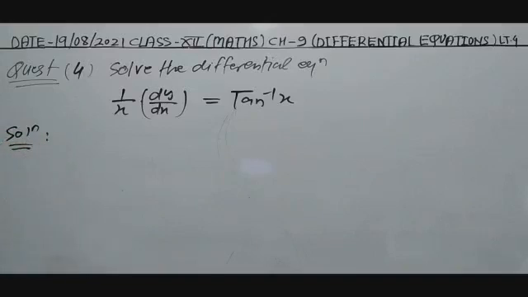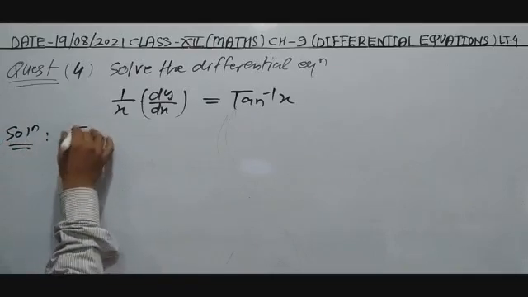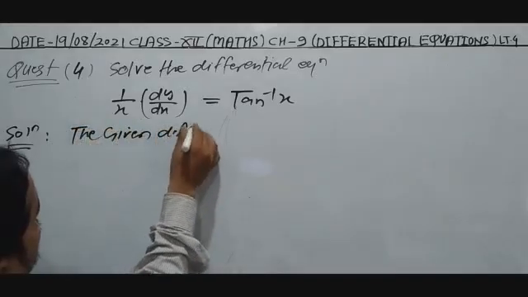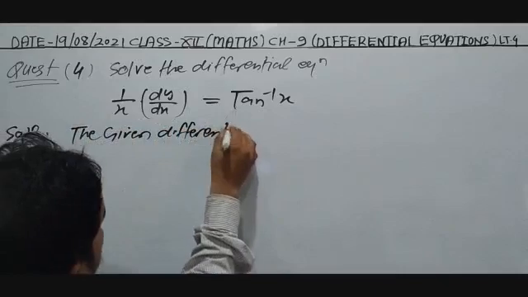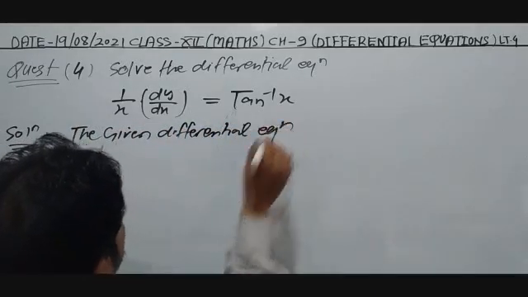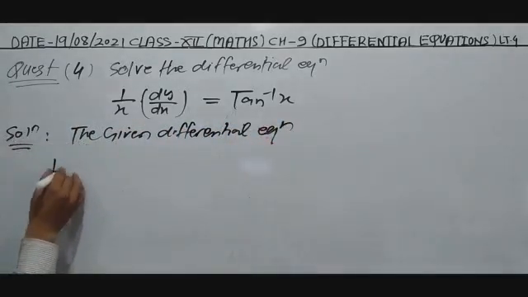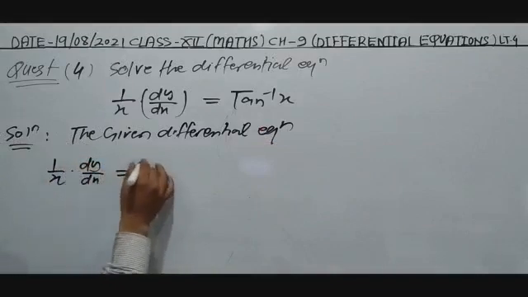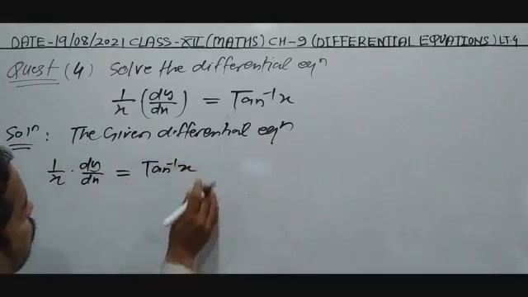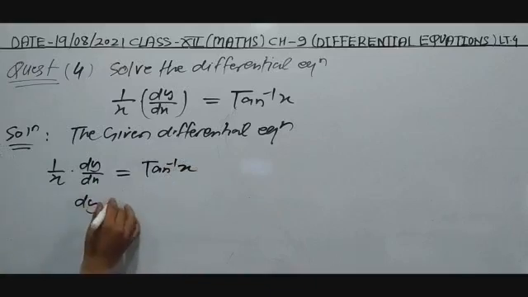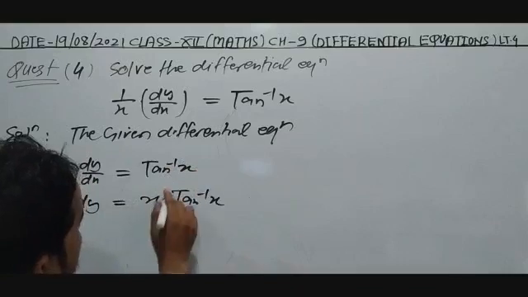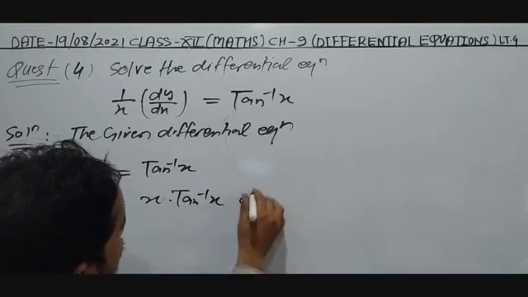The given differential equation, that is (1/x) dy/dx = tan⁻¹x. So dy we can write x times tan⁻¹x dx.